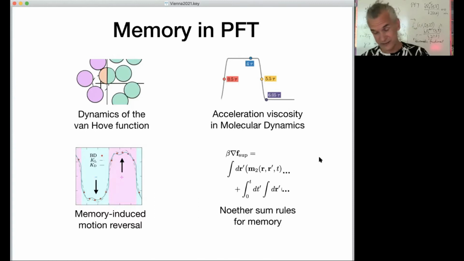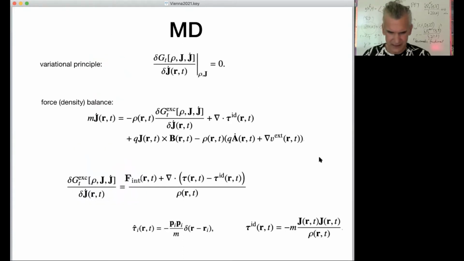So sorry for rushing through this. This was sort of a glance of the general framework. And maybe if I go back, the thing is that this functional depends non-locally on time. Although this derivative is taken at a time t, the input fields are non-local in space.